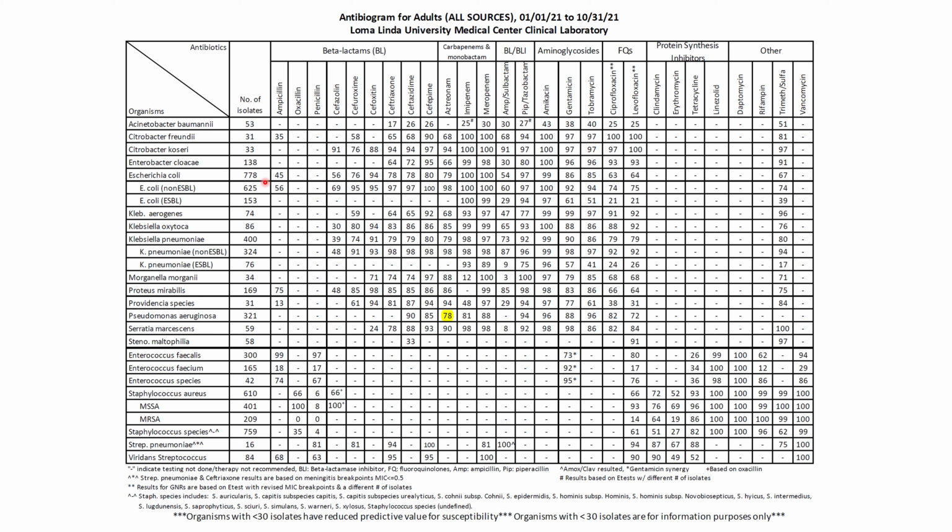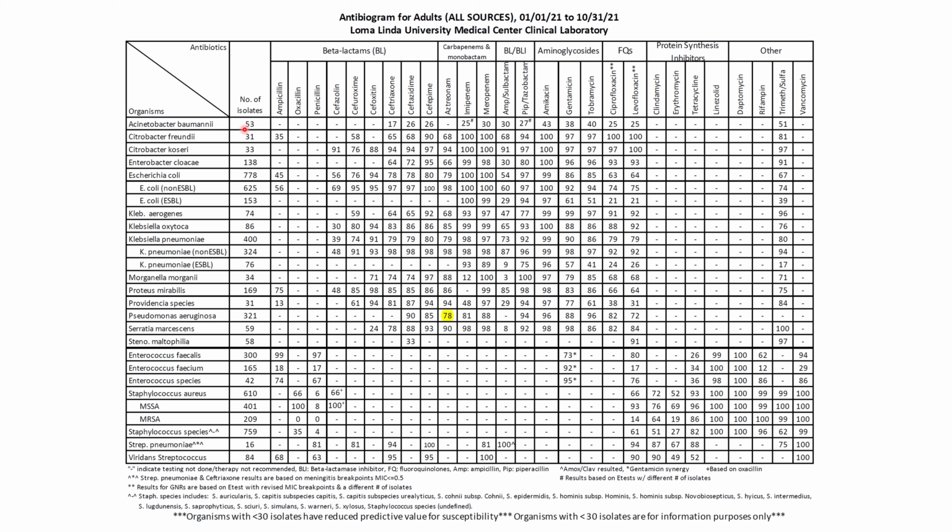And in the second column, they're showing you the number of isolates. Isolate means how many times this organism was growing inside the microbiology laboratory. These are unique to a patient.